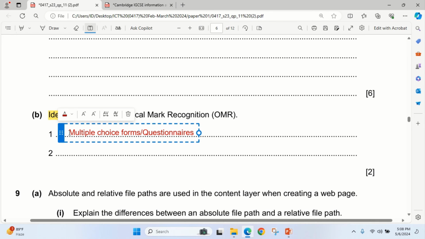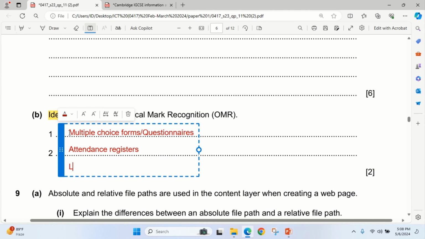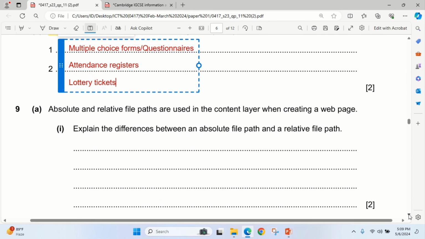We can also use it in attendance registers. We can use it for lottery tickets. We can also use it for barcodes.